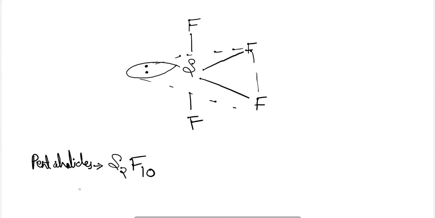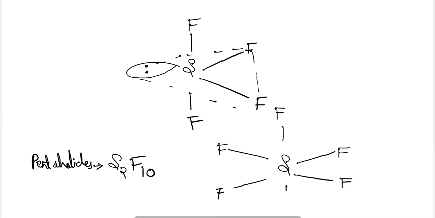They have an octahedral structure like this. The plane in which the sulfur atom is joined with four fluorine atoms has a square structure, and one fluorine is present at 90 degrees above the sulfur and another below it. So it is an octahedral structure.